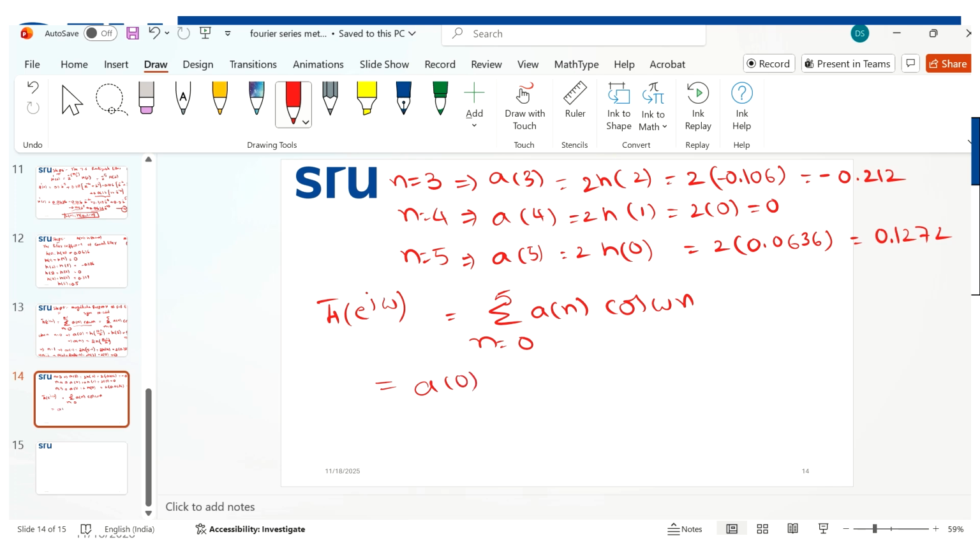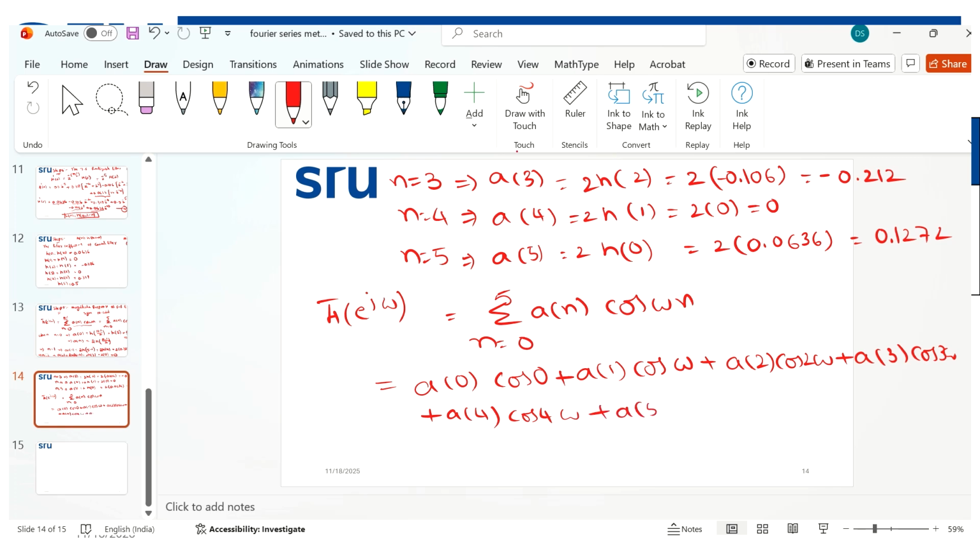a of 0 cos 0, that is 1, plus a of 1 into cos of omega, plus a of 2 into cos of 2 omega, plus a of 3 into cos of 3 omega, plus a of 4 into cos of 4 omega, plus a of 5 into cos of 5 omega.